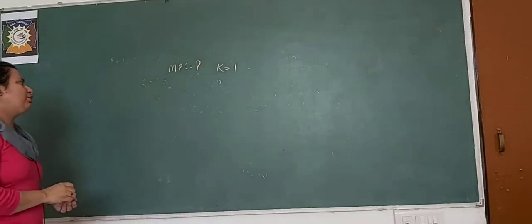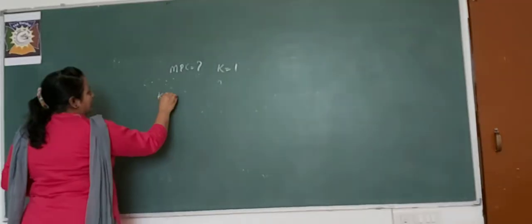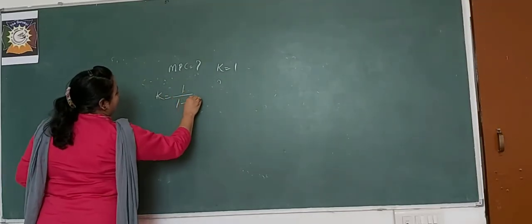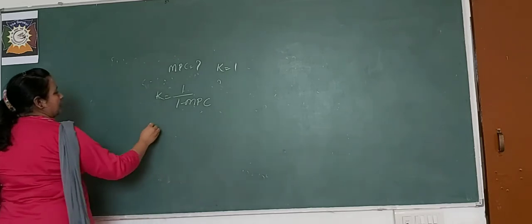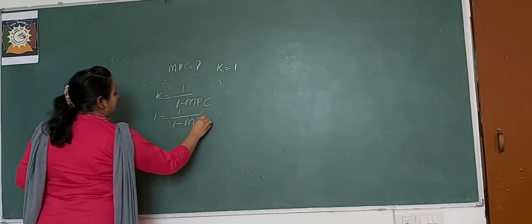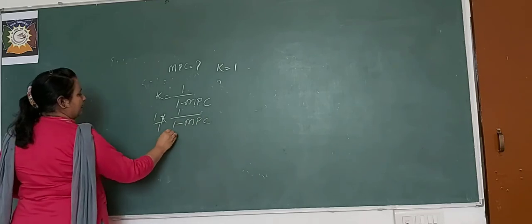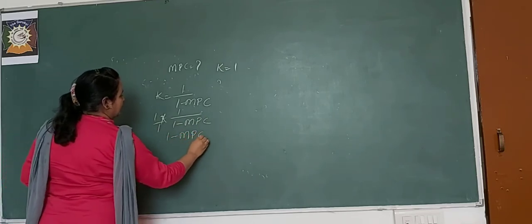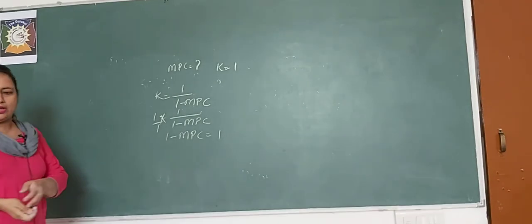So let us start. We know this thing, K is equal to 1 upon 1 minus MPC. K value I will put, 1 upon 1 minus MPC. So 1 minus MPC is equal to 1.